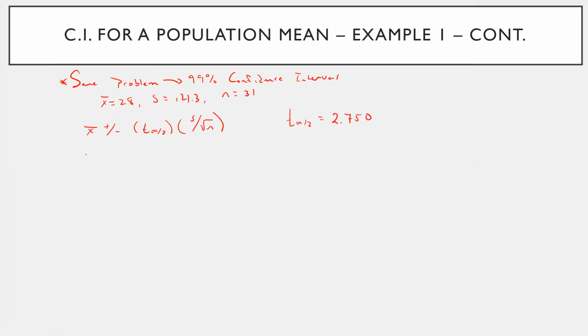So now it's just a plug and chug problem. So it's 28, add and subtract 2.750 times 14.3 over the square root of 31.